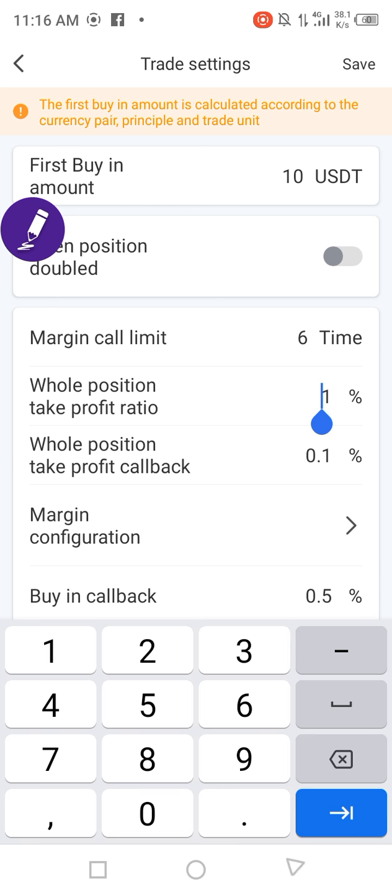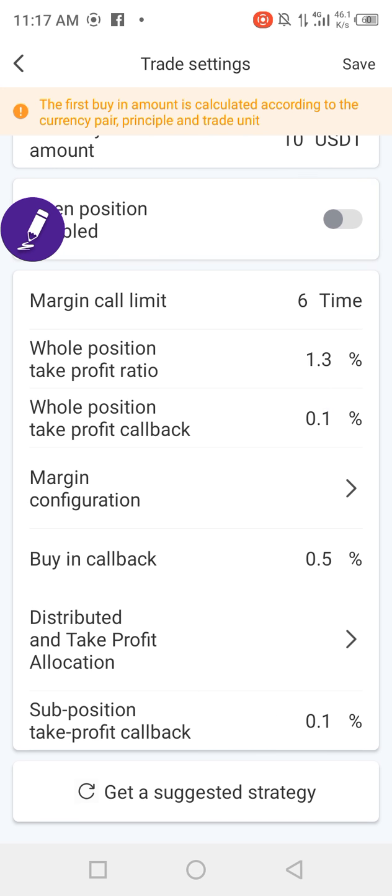Then the next is the percentage at which you would want the system to take profit for you. Let's say 1.3. The trigger point is 0.1. If you want less delay, if you want it faster, you can use 0.0 something, 0.01, 0.02, 0.03, anything less than 0.1.